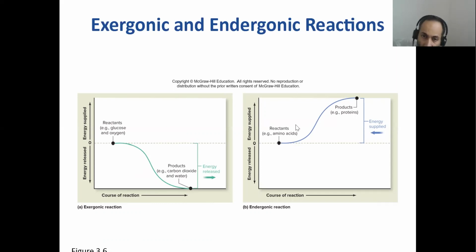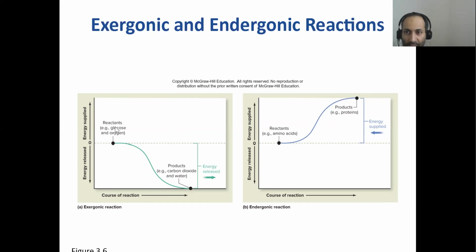Now, in this reaction, something quite opposite happens. Amino acids come together and join together to form proteins, but this is an endergonic reaction. You had to give energy to this reaction to form protein from amino acids. So this is an endergonic or endothermic reaction, okay? In other words, when you are working out, this is what you're doing.